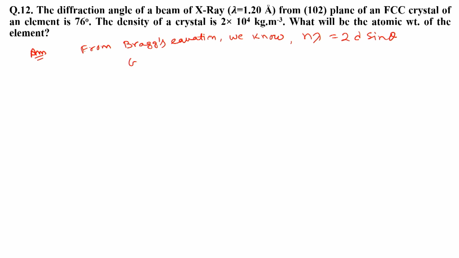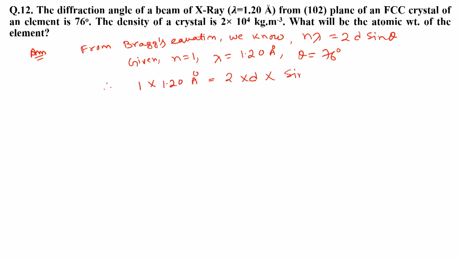So given n is 1, lambda is 1.20 angstrom, and theta is also given, 76 degree. So we can write 1 times 1.20 angstrom is 2 times d times sine 76 degree.